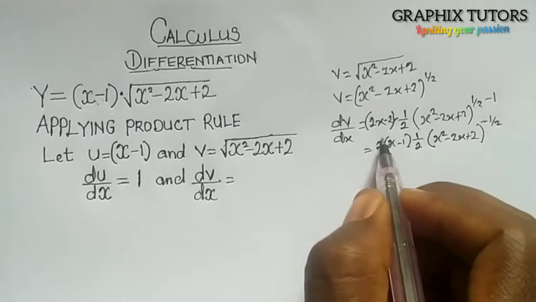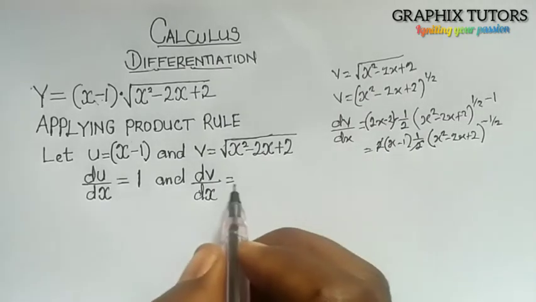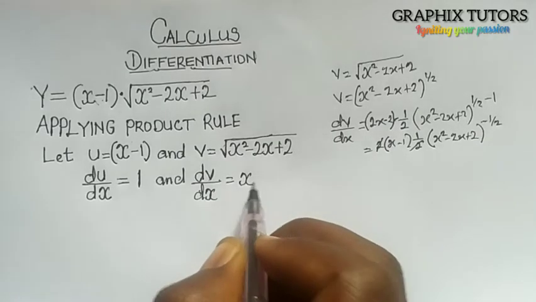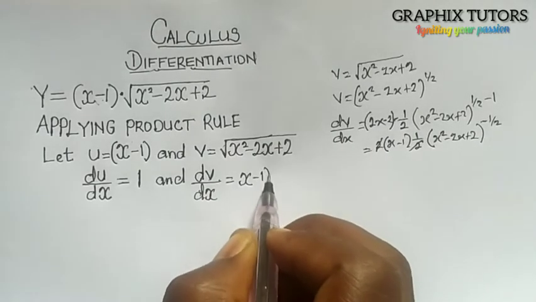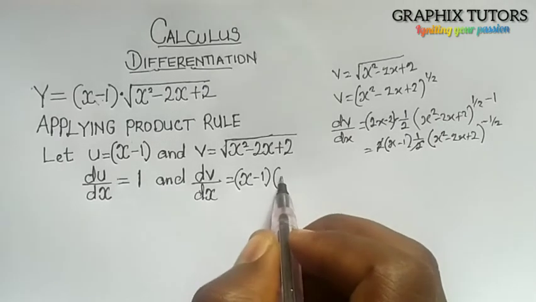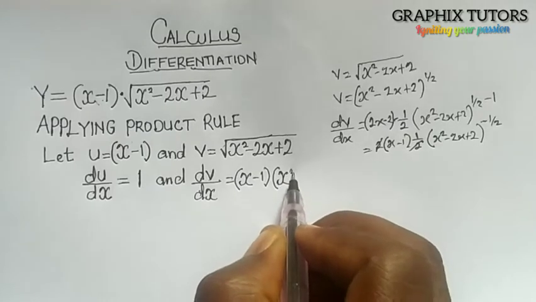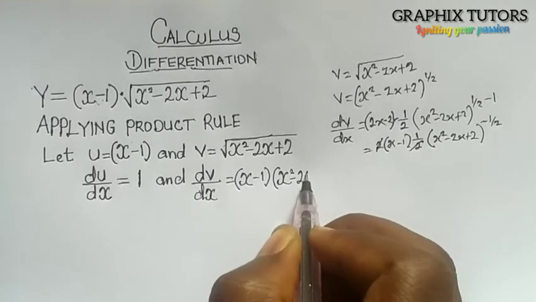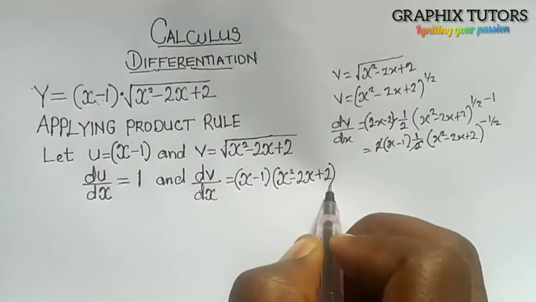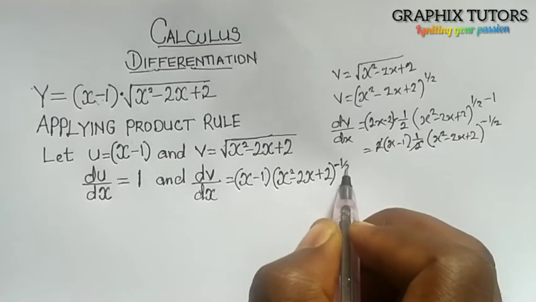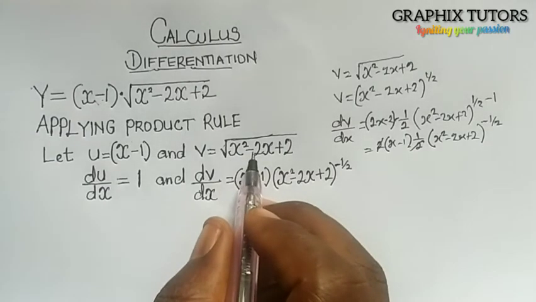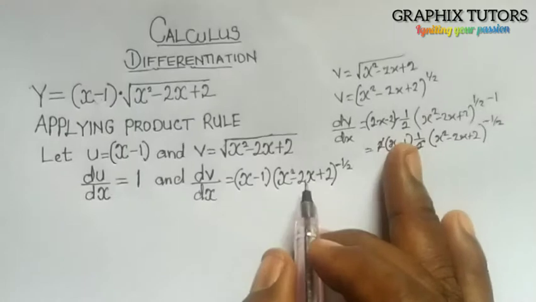So this 2 cancels this 2 here, and we'll be left with dv over dx equals (x minus 1) into (x squared minus 2x plus 2) to the power of minus 1 over 2. Is that taken? This is the chain rule, which we just applied here.